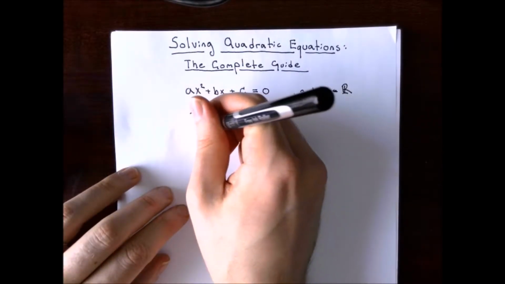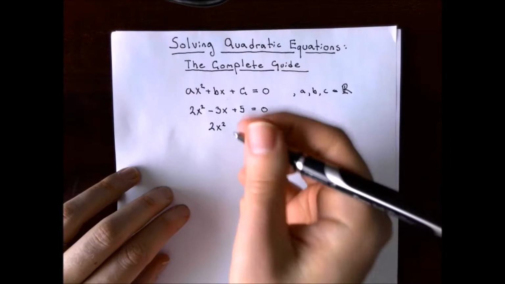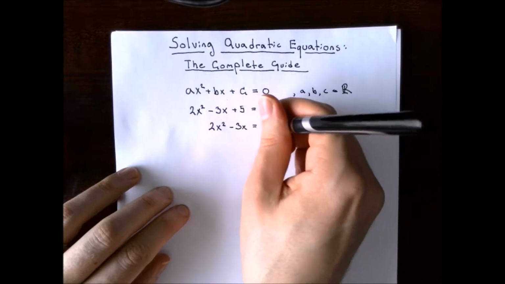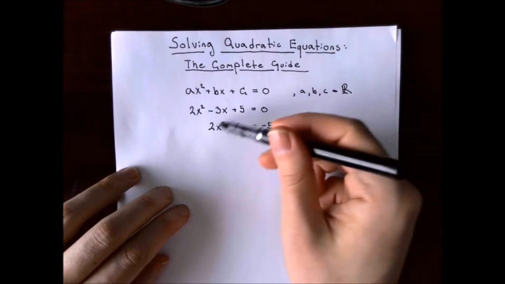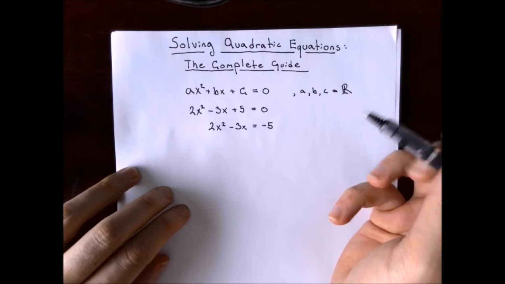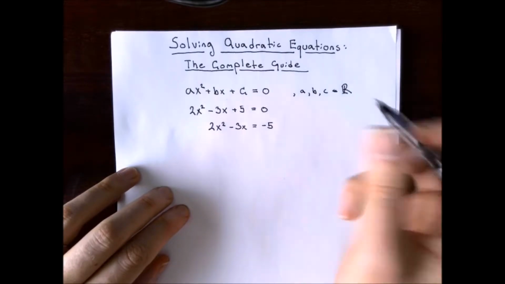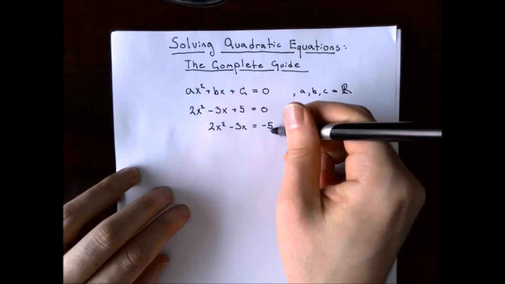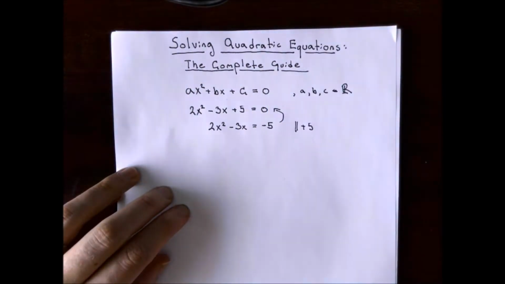Sometimes you'll see these equations in the form 2 times x squared minus 3x is equal to minus 5. This is just another form of presenting the equation above. We can always write this equation in the normal form by adding 5 to both sides. We'll end up with this normal form equation.